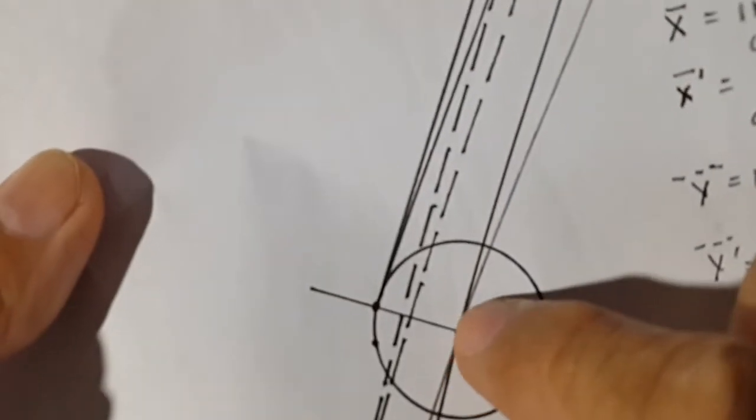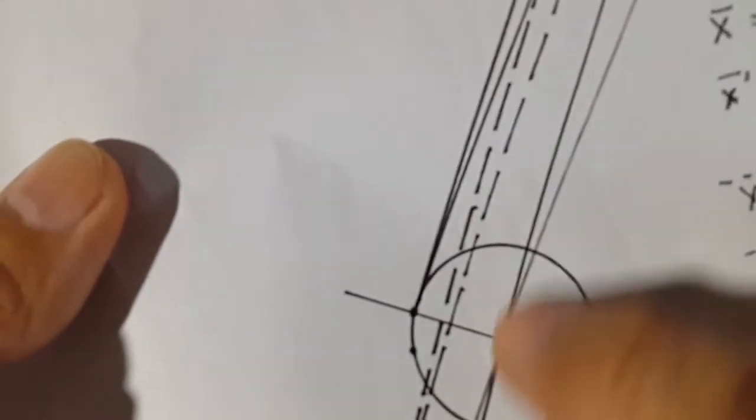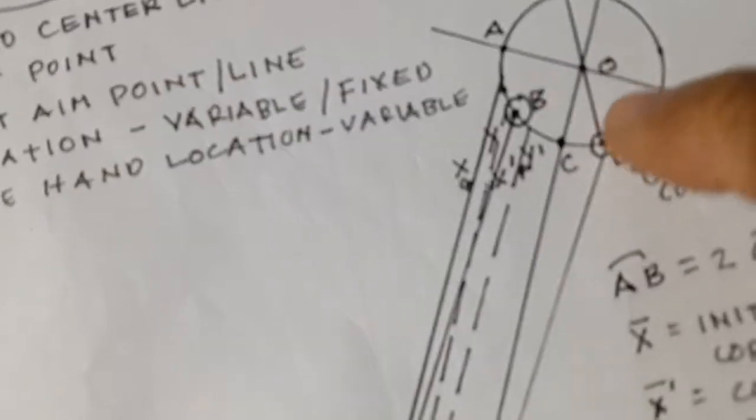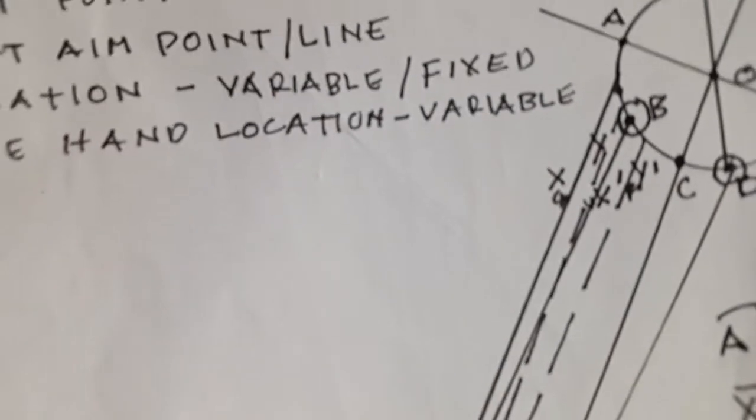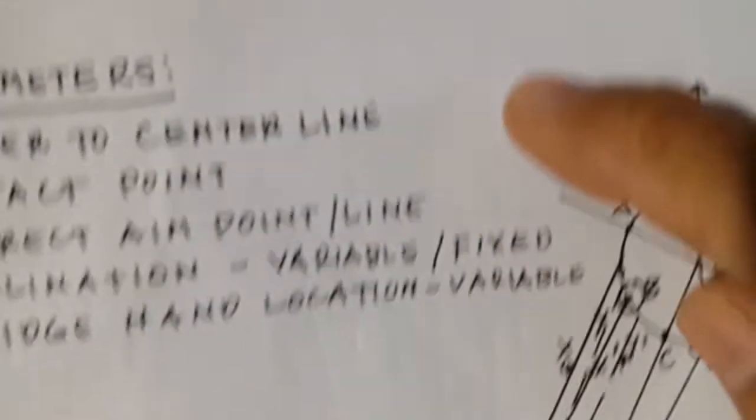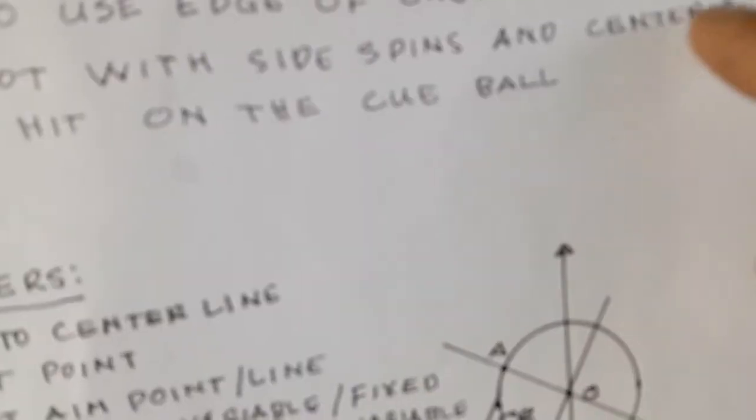This line is the line crossing through the center of this cue ball and directed to this contact point. If we want a fixed inclination, we could use this one. Even for side spins and center ball hit, we could use this one. This is a flexible inclination.